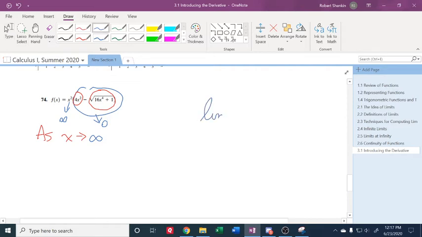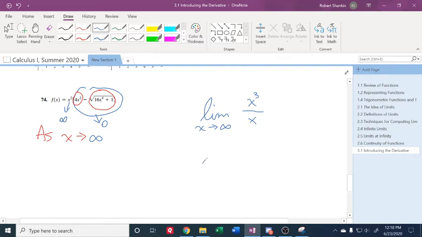Let me show you, for instance, the limit as x goes to infinity of x to the third over x. As x goes to infinity, the numerator goes off to infinity, the denominator goes off to infinity. But the numerator is going off to infinity faster than the denominator. Although they're both going off to infinity, whichever is going there faster is going to dominate the total fraction.